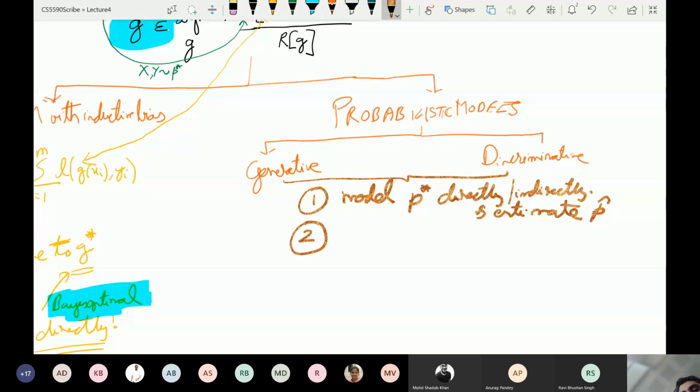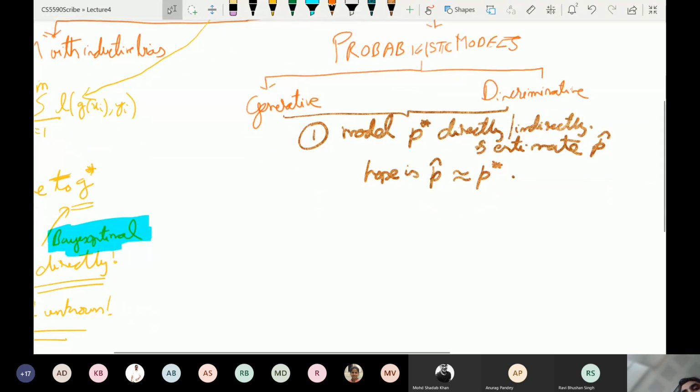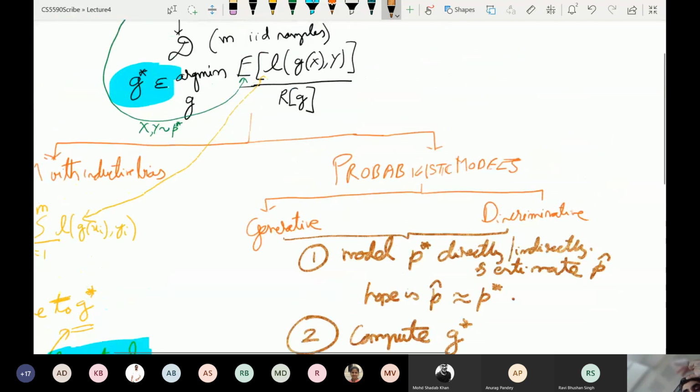Estimate P hat. So what's your hope? Your hope is that P hat is a close approximation to P star. Once you have that, then you compute G star, the Bayes optimal, by directly solving this problem.